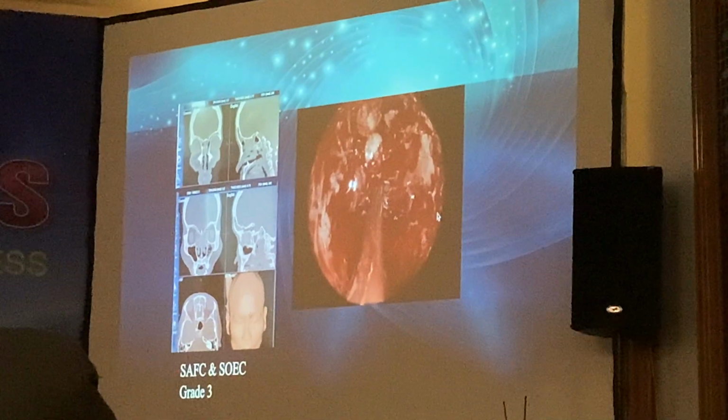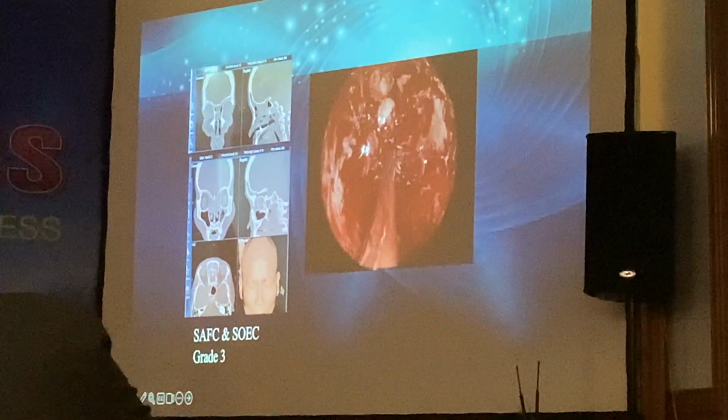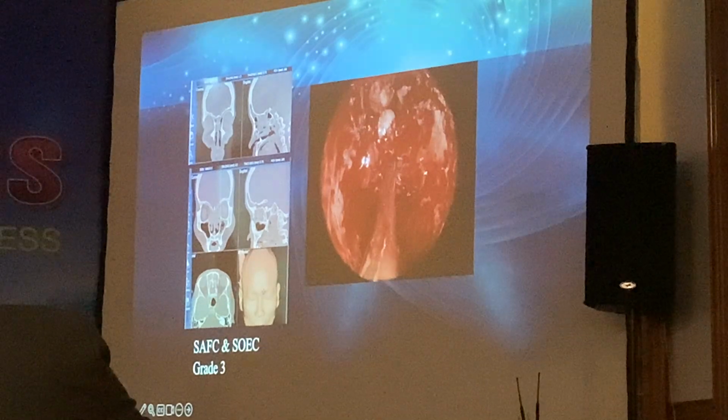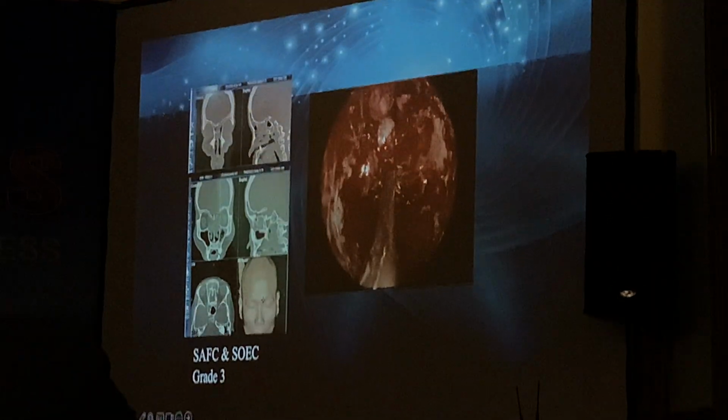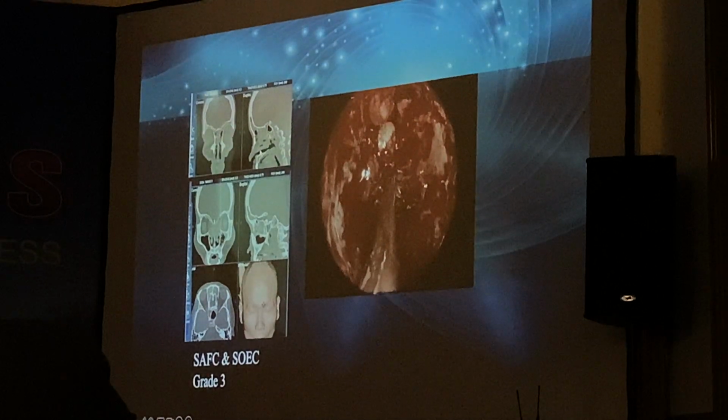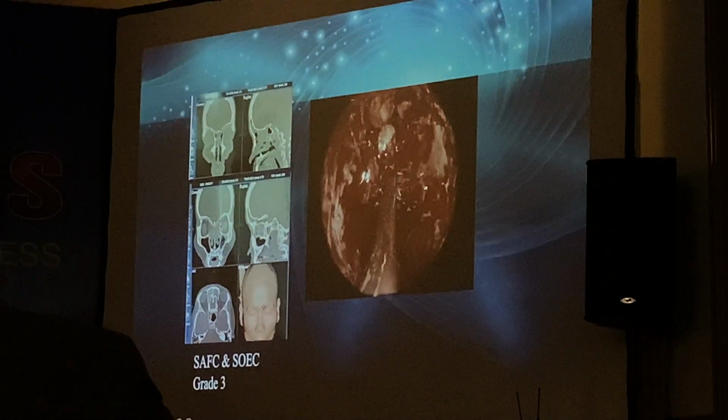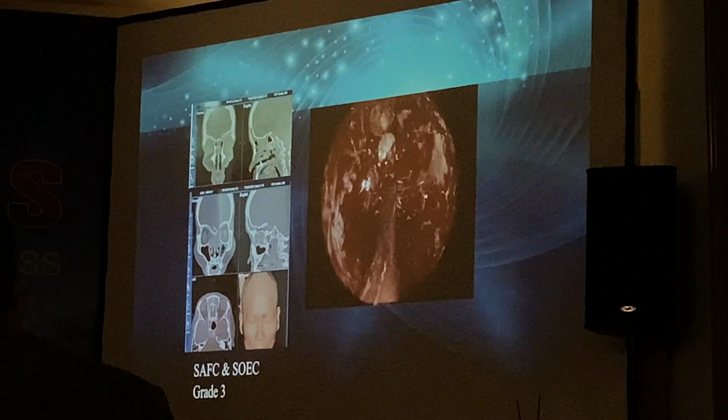So this is a case to demonstrate the patient has the agger and supra-agger frontal cell, and he also had the anterior ethmoid artery in a mesentery, and also the supraorbital ethmoid cell bilaterally.